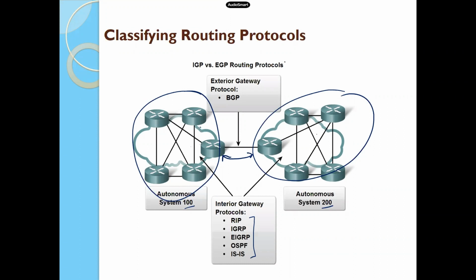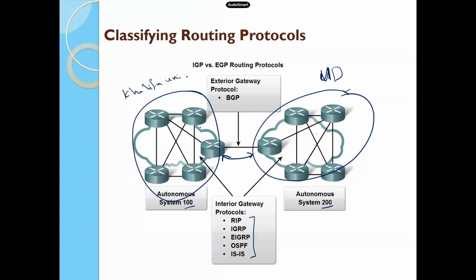Again, an autonomous system is a group of networks or a group of routers that work under a single authority. So for example, this is University of Dubai, and this is Khalifa University. Again, for example. University of Dubai has its own networks and sub-networks and so on.